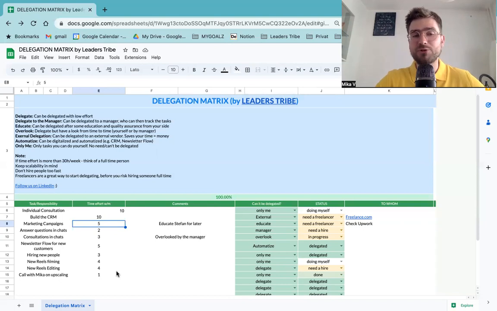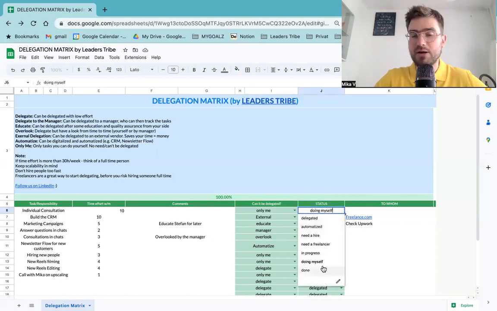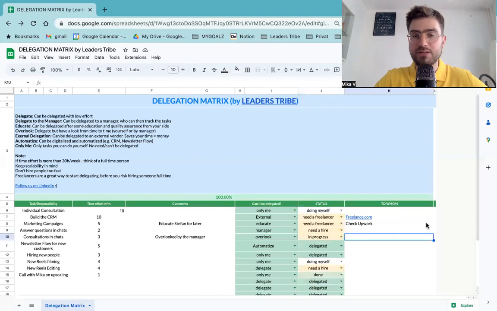It will be very helpful for you to estimate and to see what actually needs to be delegated. And here in the status, you just put what the current status is. If it's done, then it's done. If it's delegated to someone else, put delegated, automatized, need a hire, need a freelancer, in progress, or you're doing it yourself, right? And here to whom, so that you also have an overview of what is being done.